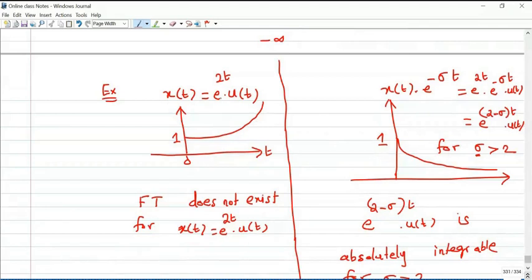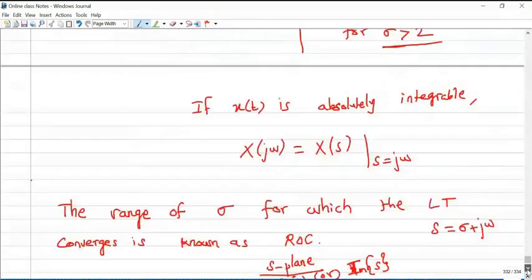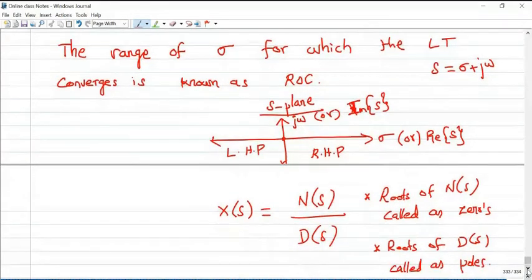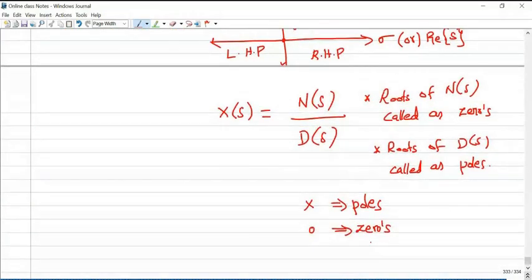If x of t is not absolutely integrable, then that statement is not true. Then the sigma will come into the picture. And we explained what zeros are, what poles are, and how to mention zeros and poles in the S-plane. All these topics are fundamentals of Laplace transform.